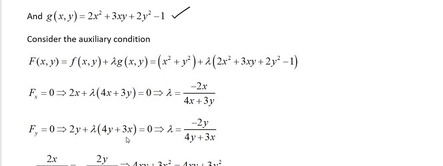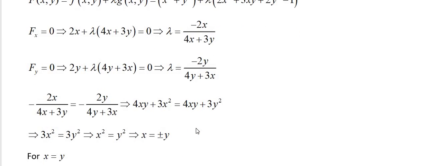From this equation I am going to find out the λ value. Plus 2y goes to that side, it becomes minus 2y. Multiplication becomes division. So observe, here the LHS are equal, so the RHS are equal. Cancel the negative sign and do cross multiplication.